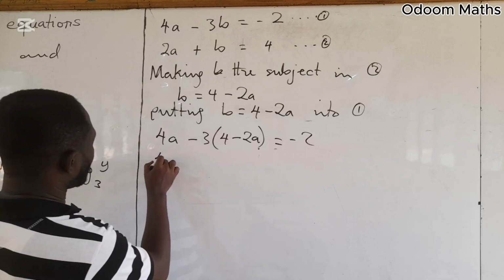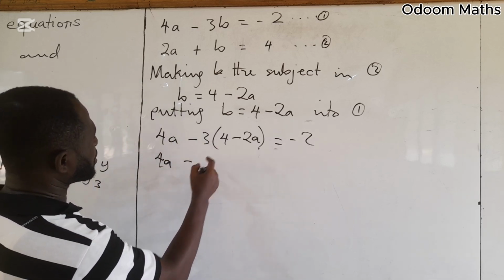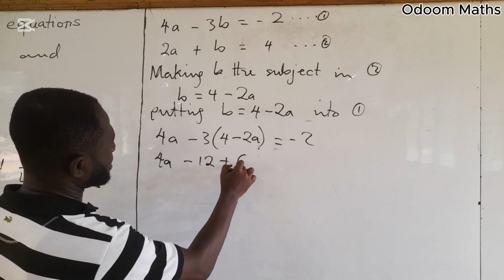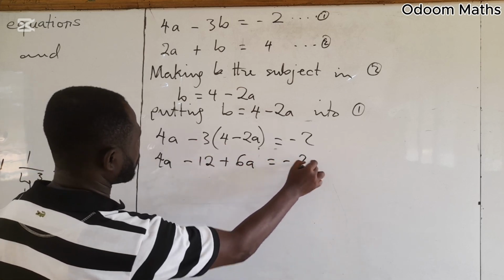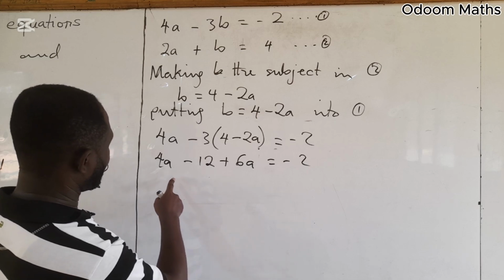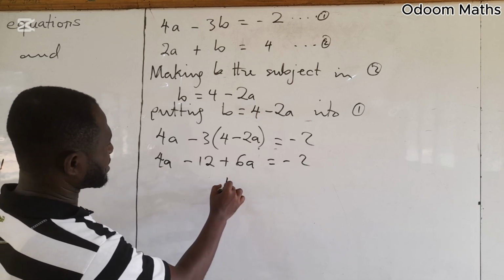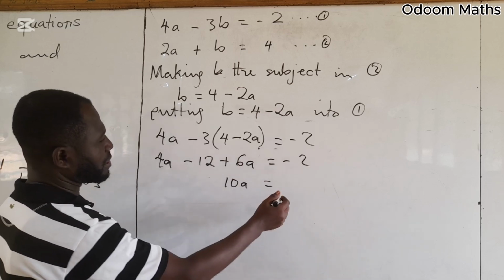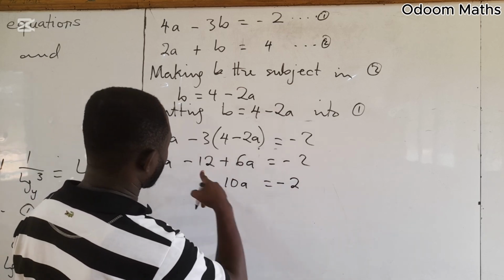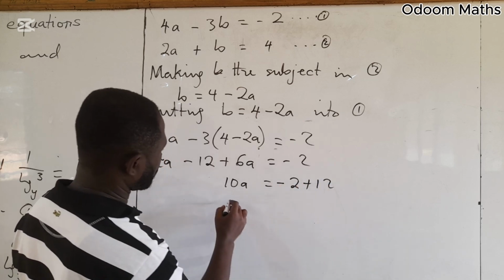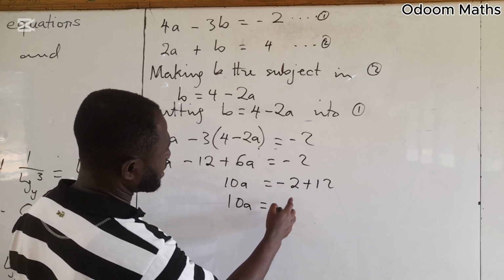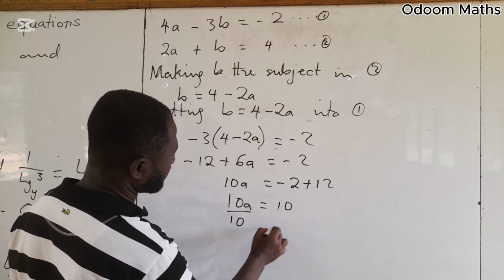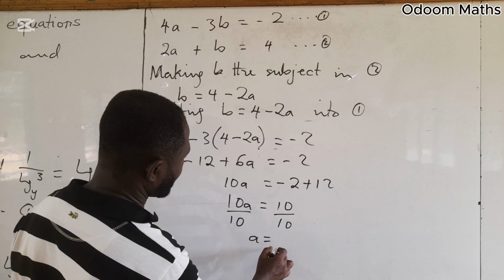So 4a minus 12 plus 6a equals negative 2. 4a plus 6a becomes 10a. Then negative 2 plus 12 is 10. Dividing both sides by 10, a gives me 1.